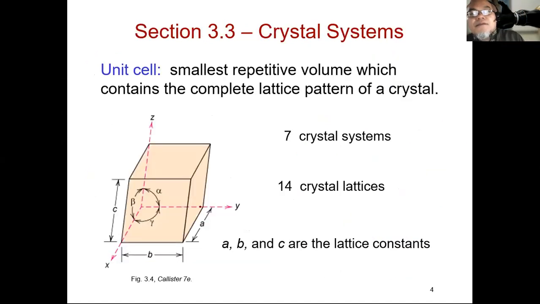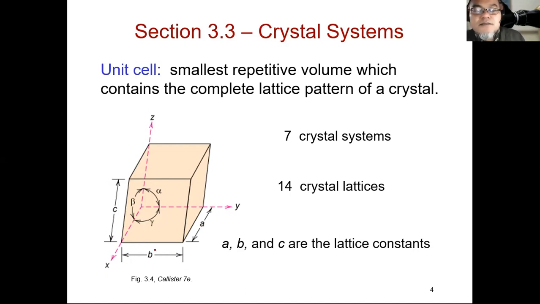Okay. So we already mentioned the crystal system in the previous slide, and each crystal system consists of a single unit cell. This is the smallest repetitive volume which contains the complete lattice pattern of a crystal. The length parameters are three, based on the three axes x, y, z. Lattice constant a is the length in the x-axis direction.